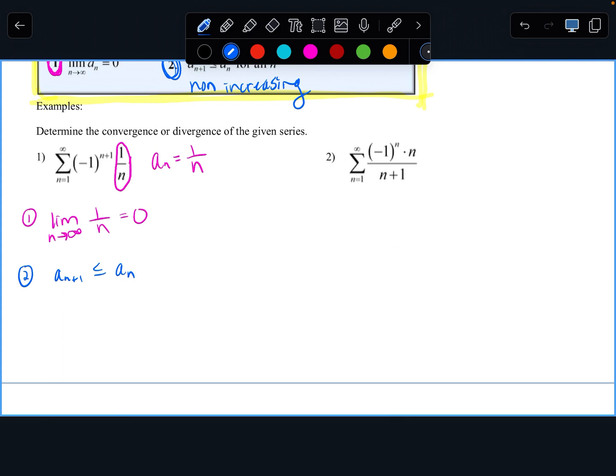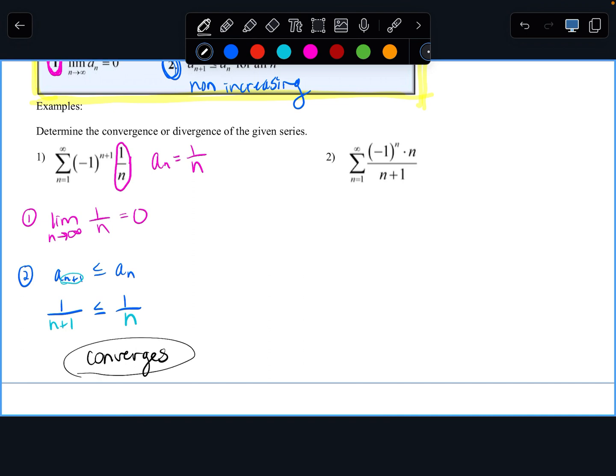So you plug in n plus 1 into the series and show it's smaller than 1 over n. The denominator is bigger, so this one is smaller. So you just prove that it's non-increasing, and you say this converges.